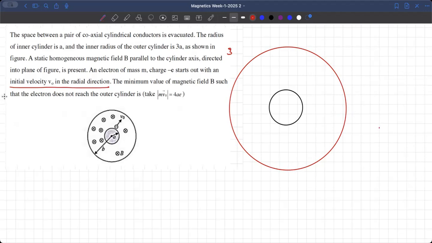Radial direction, right? So what is actually happening over here? You have projected it in the radial direction.